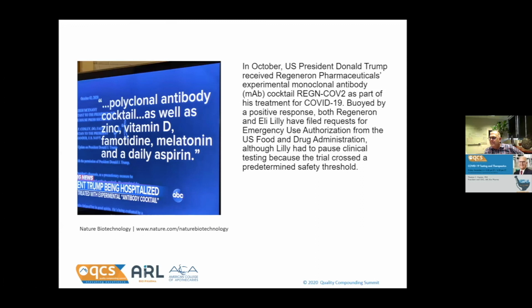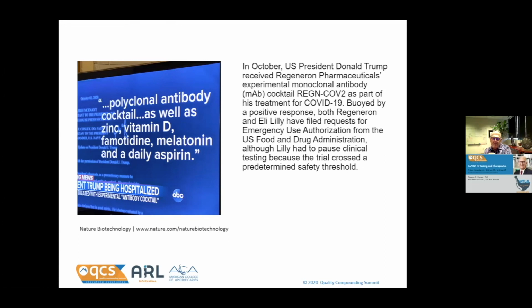The company expects to have 2.4 gram doses ready for about 80,000 patients by the end of November and 200,000 doses ready by the first week of January, according to the chief scientific officer. And then by the end of January, Regeneron anticipates having around 300,000 doses ready for use. I think that's interesting as we talk about monoclonal antibodies in this context.